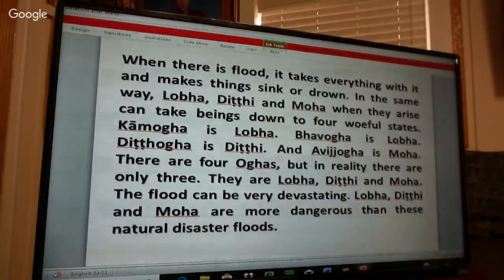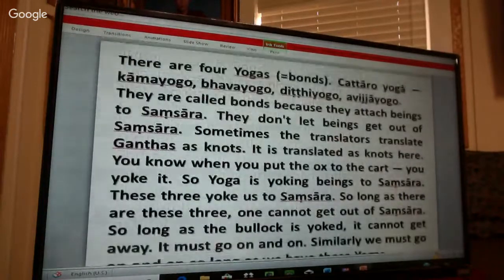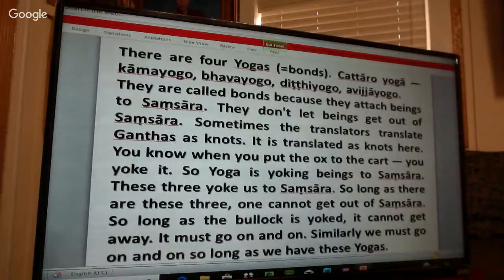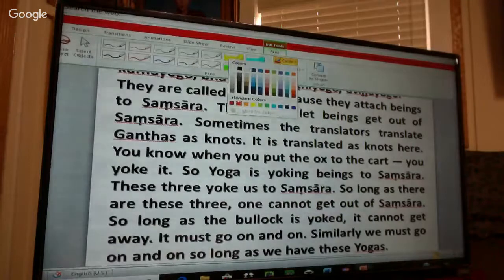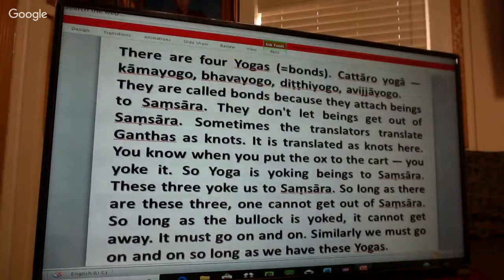Okay, so we will go to the next one. This one is yoga. Nowadays yoga is not this one. The Pali word yoga has many different meanings, but this meaning is different. Yoga is exercise also.